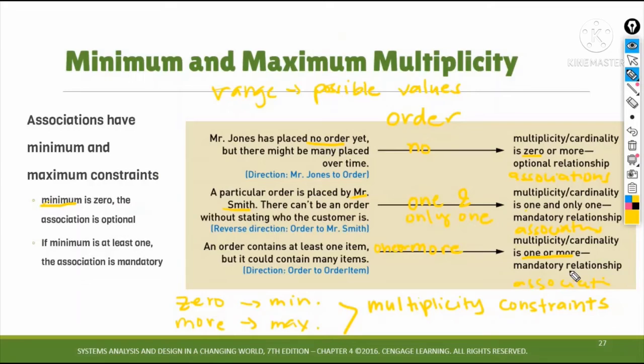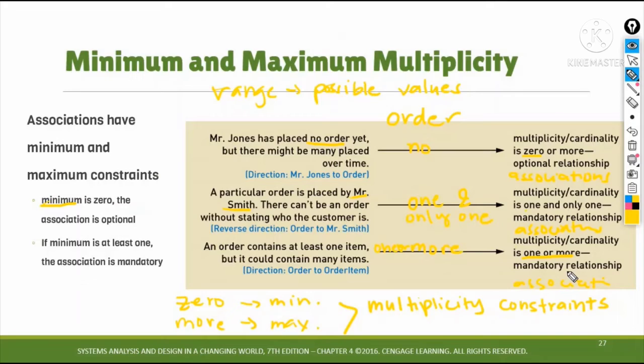So in some cases, at least one association is required, that is a mandatory, as opposed to optional, association. For example, the system might not record any information about a customer until the customer places an order.